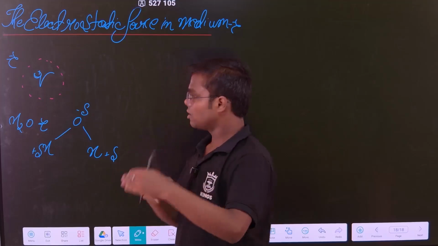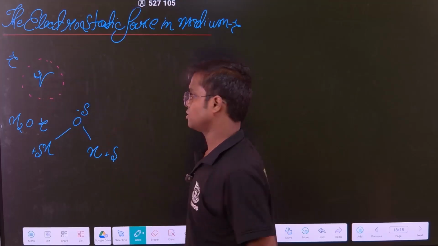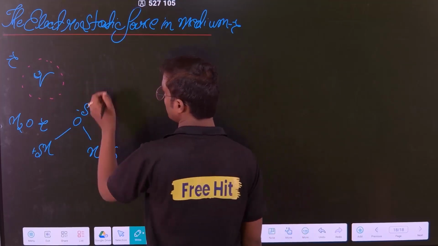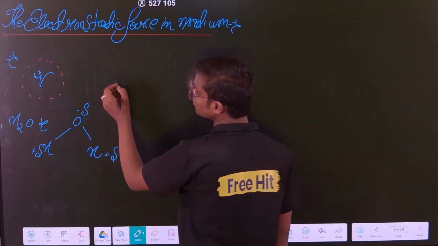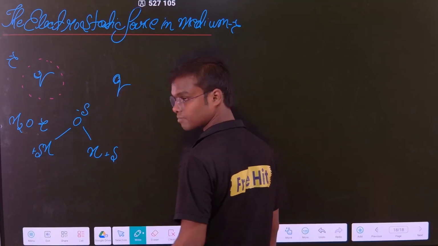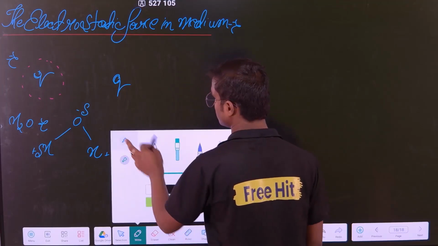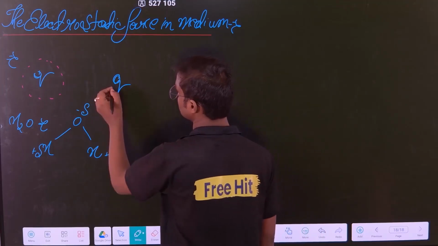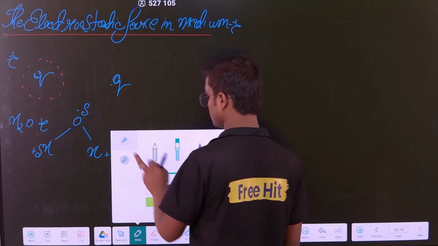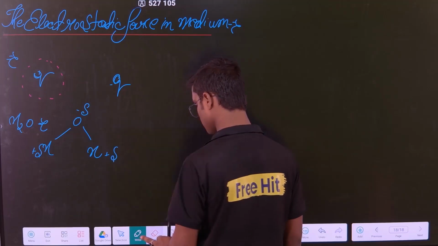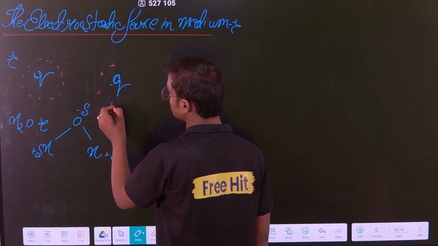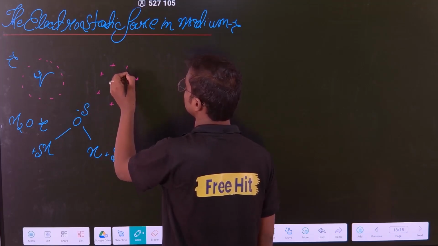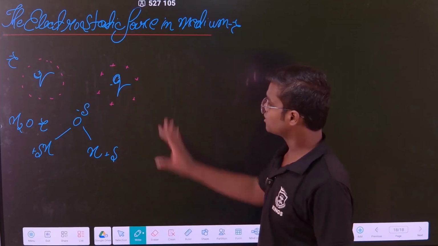And suppose another charge q is also placed here, and this charge is negative. So what will happen in this case? In this case, the positive ions are going to surround this charge, correct? This is going to happen.